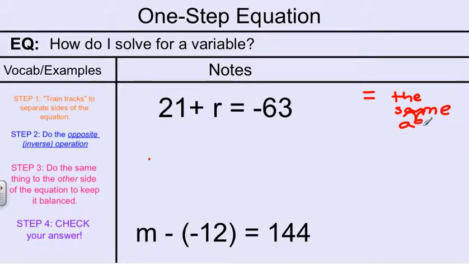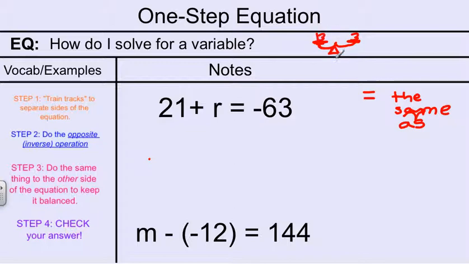When we think about it as being the same as, then we can think about this as some sort of a balance scale. Maybe you know the kind of balance scale I'm talking about. We have the arms that go out here, and when we put items on the scale, if I put a 3 here, to keep it balanced, I have to put a 3 here.